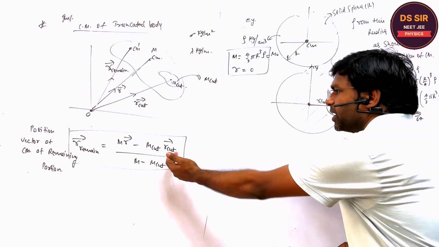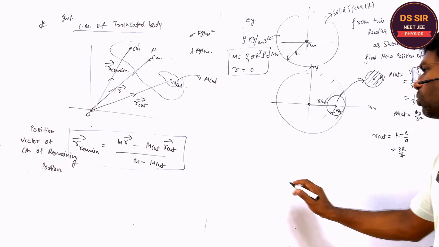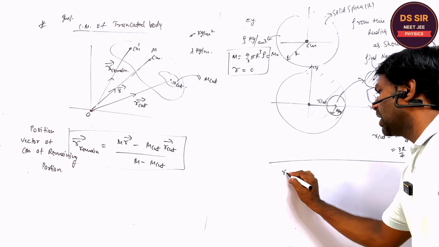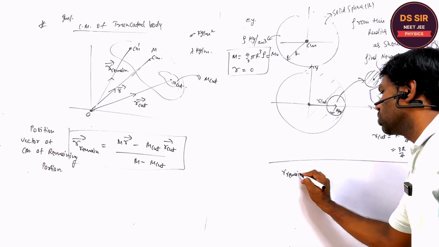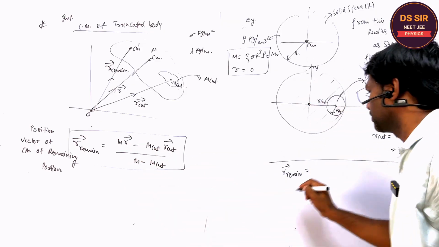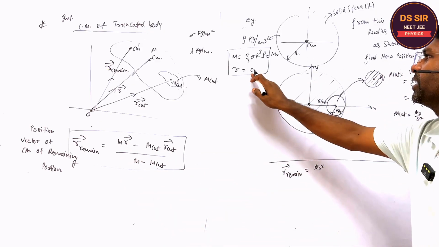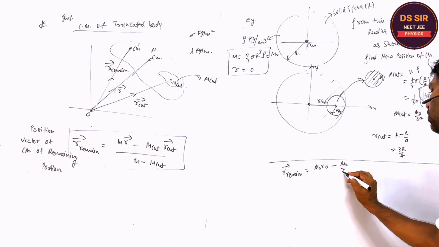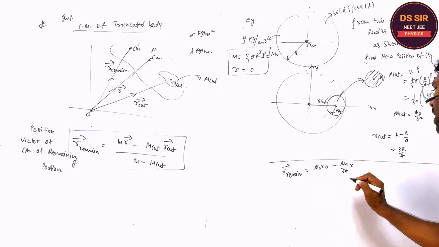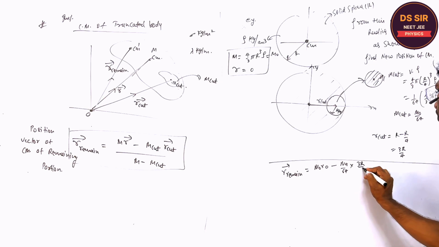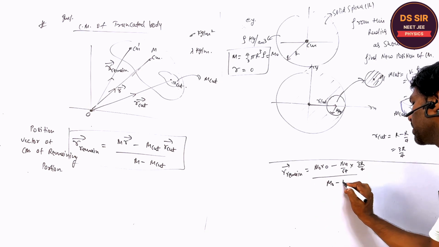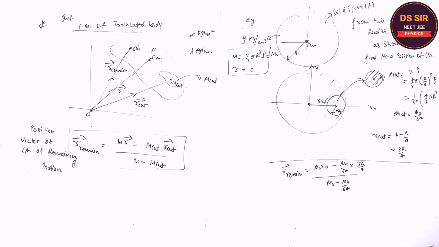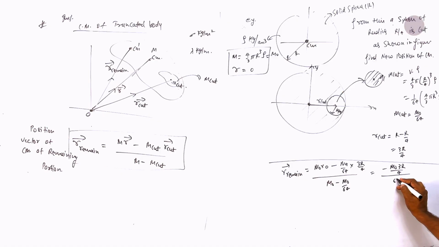So now we can apply the very basic formula. What is that? The r remaining is equal to m naught into 0 minus m cut, m naught by 64, into r cut, which is 3r by 4, divided by m naught minus m naught by 64. So it will be m naught into 3r by 4 over 63 m naught.